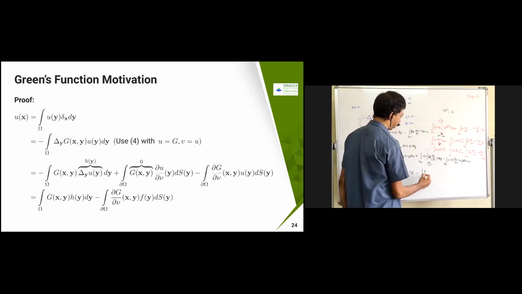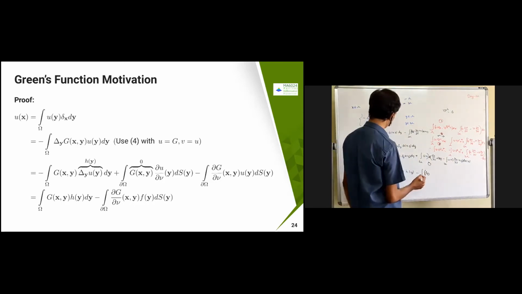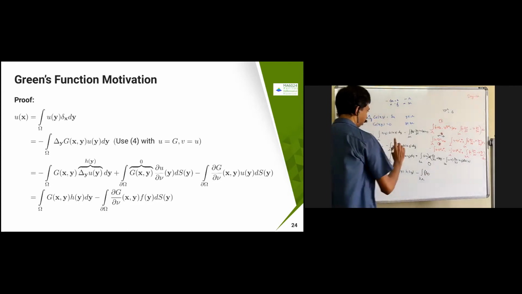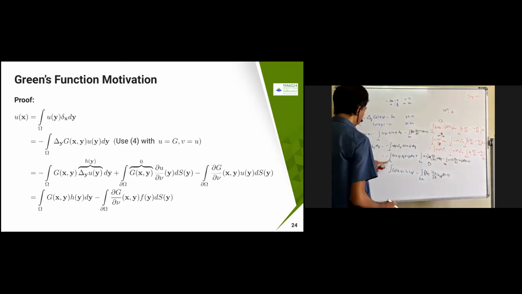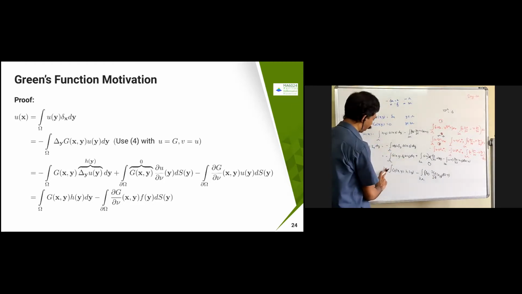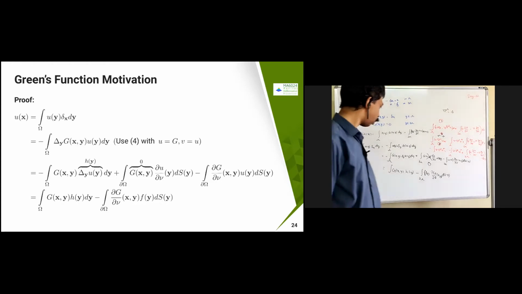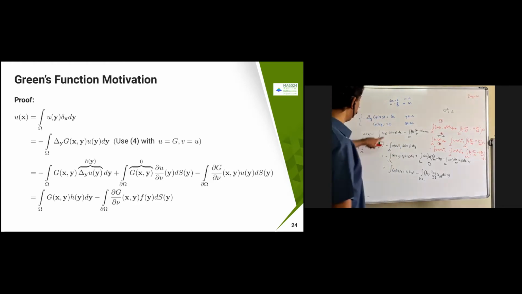So we are going to get f of y into del g by del nu of x comma y. Del y is nothing but minus, so that minus we can cancel here. So that's all. We have proved this one.